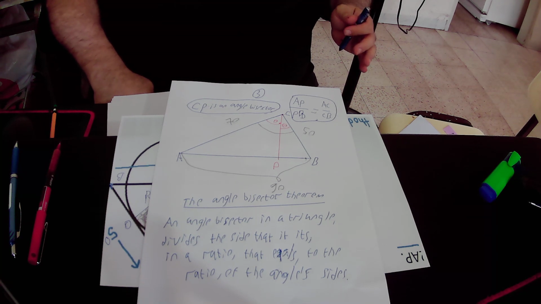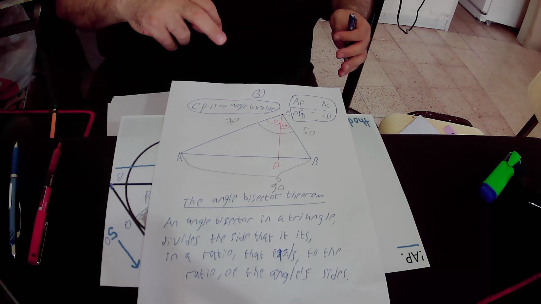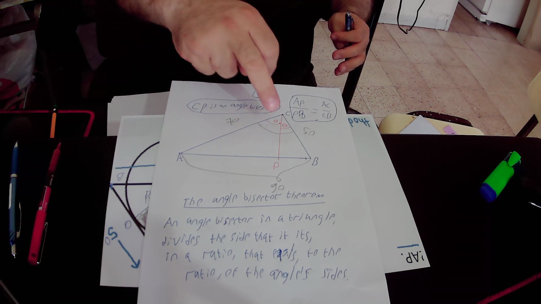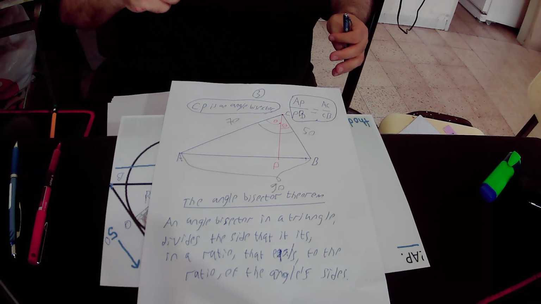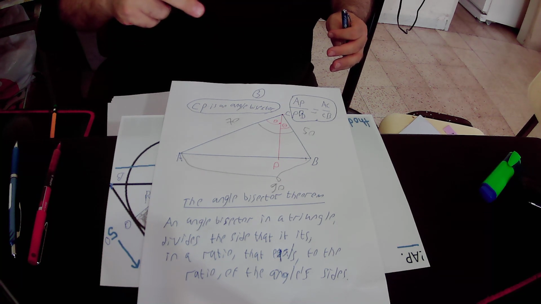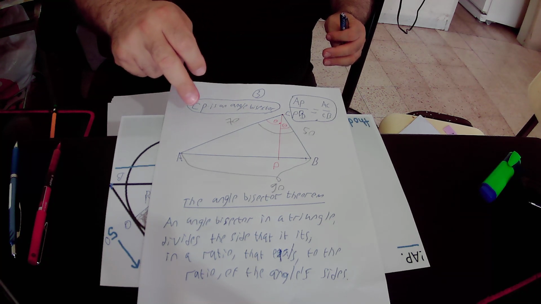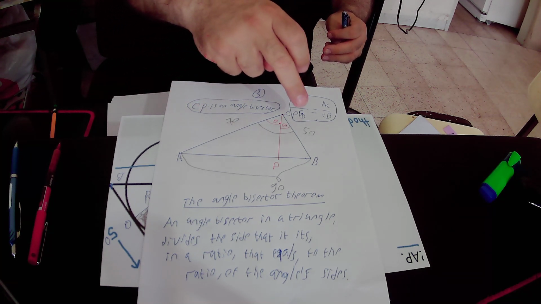I'll repeat it one last time. An angle bisector CP in triangle ABC divides the side that it hits, that is to say side AB, in a ratio that equals the ratio of the angle sides, and the ratio of the angle sides is AC over CB.